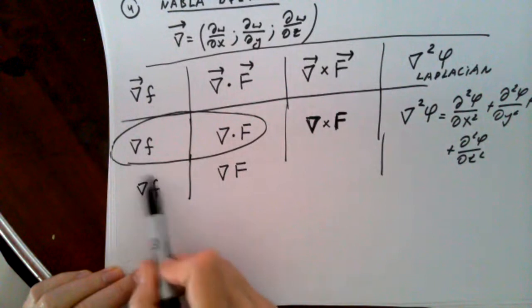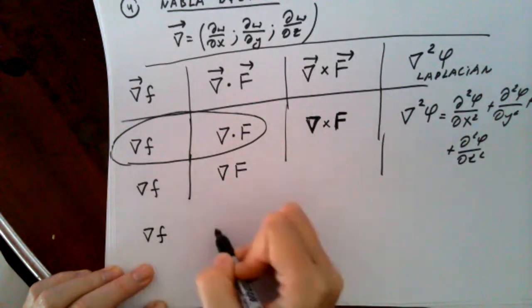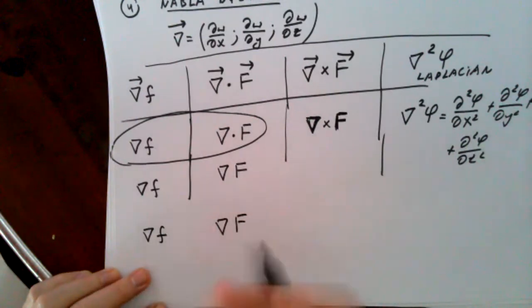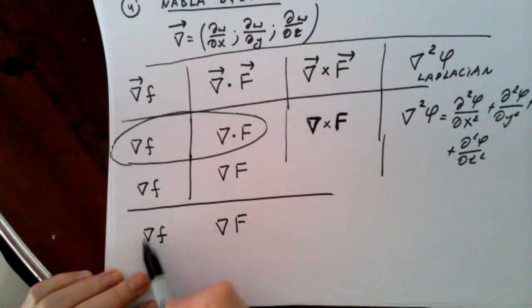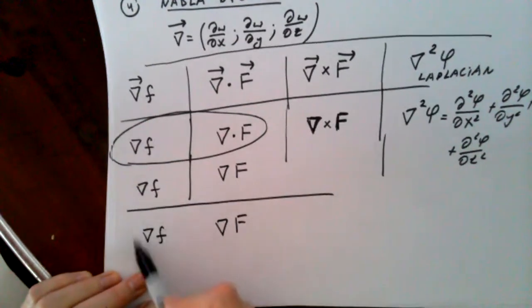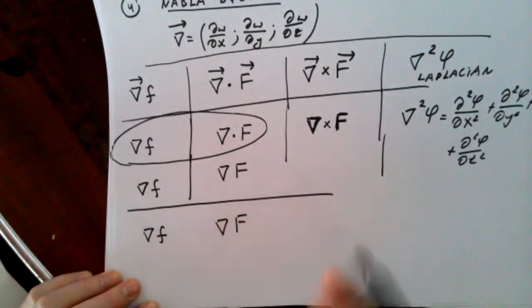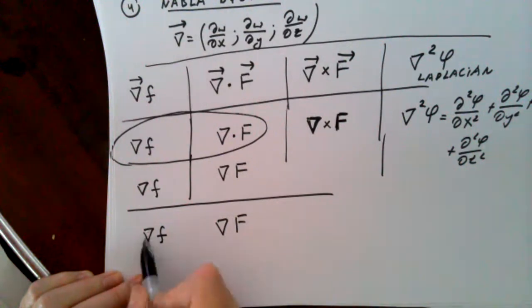So let's imagine that we have these 2 guys, nabla F and nabla F. These letters don't matter. I just wrote them differently. So how do you recognize which operation is hiding here and which operation is hiding here? You are not given any words like curl or divergence, nothing like this, just the nabla operator. In the first place, you need to realize that nabla is a vector.